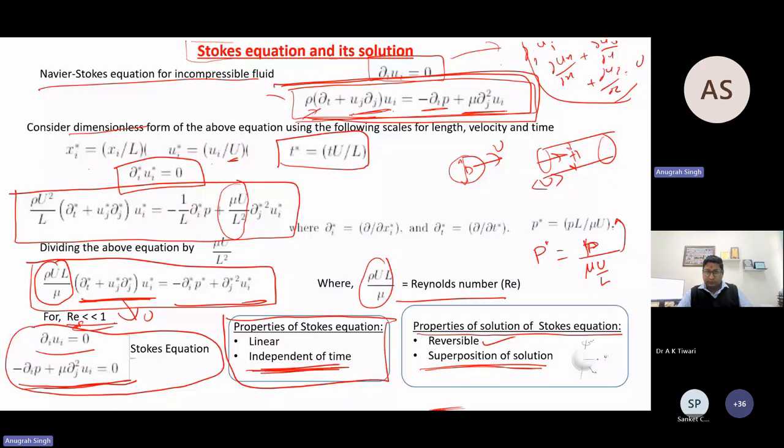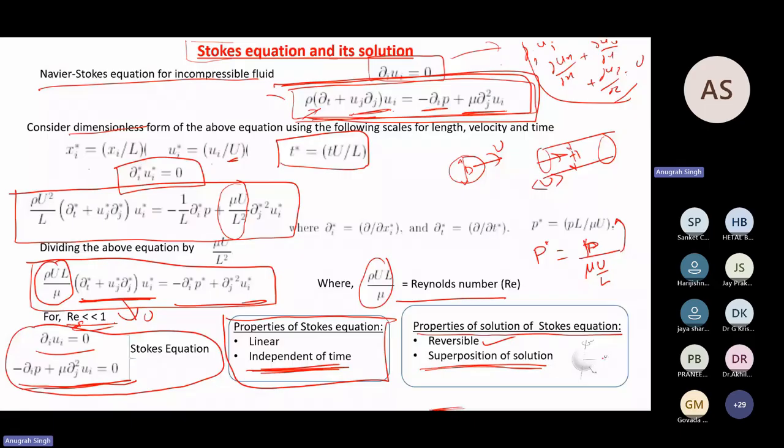What is the implication for particulate flow? Let's say you have a particle which is moving and also rotating. This is a complex problem. You can break it into one problem in which it is only rotating plus one in which it is only translating. Because of linearity, you can simplify a complex problem into very small sub-problems.